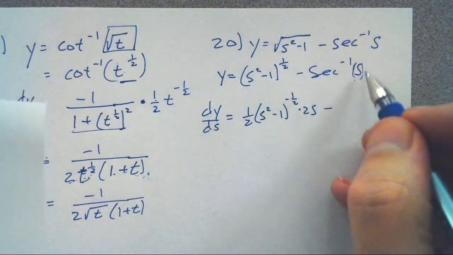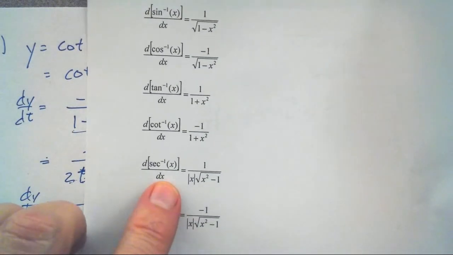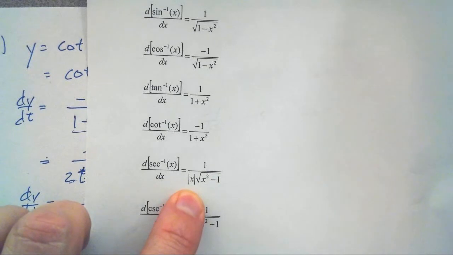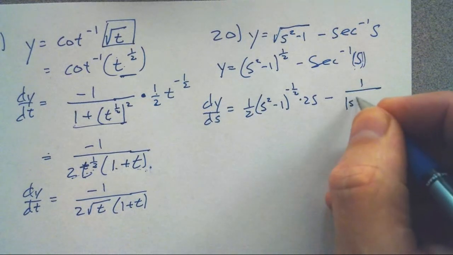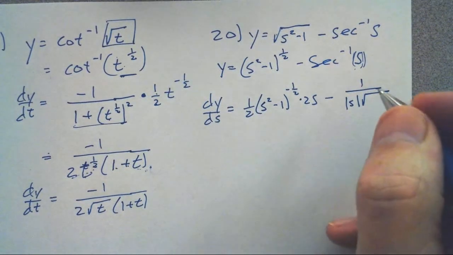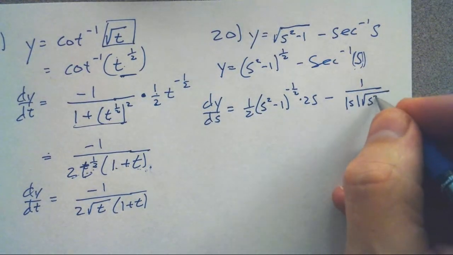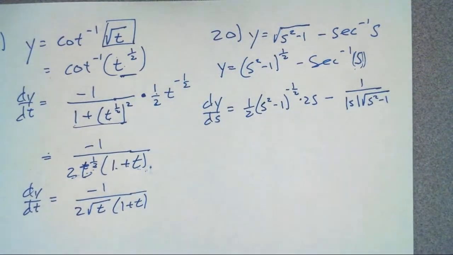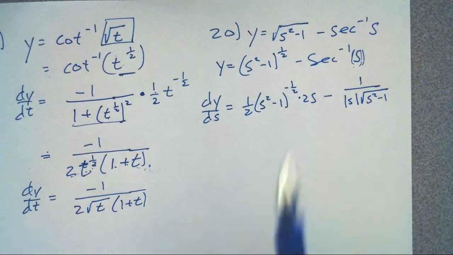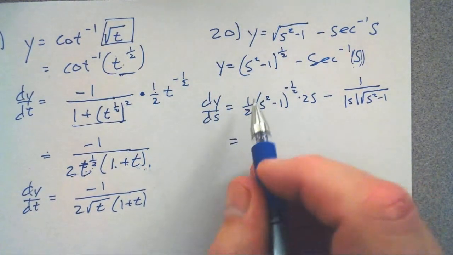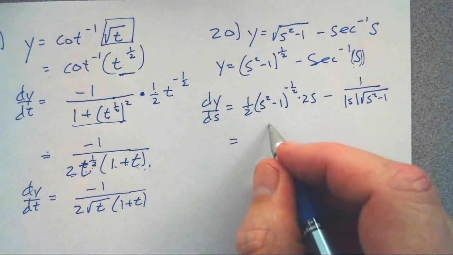That is not a chain with respect to s, so secant inverse's derivative is 1 on absolute value of s times square root of s squared minus 1. So, wonder if anything good happens here. Let's take a look. 1/2 times 2 is 1. I get an s.